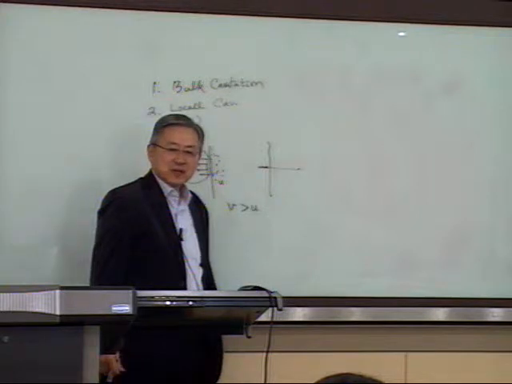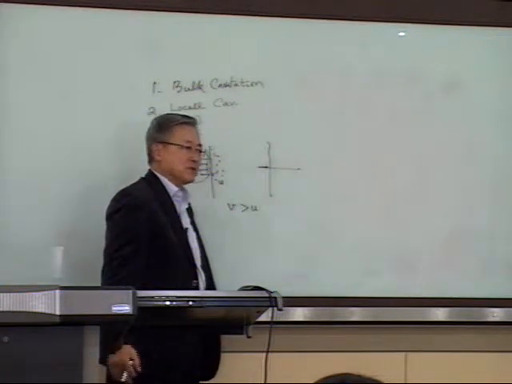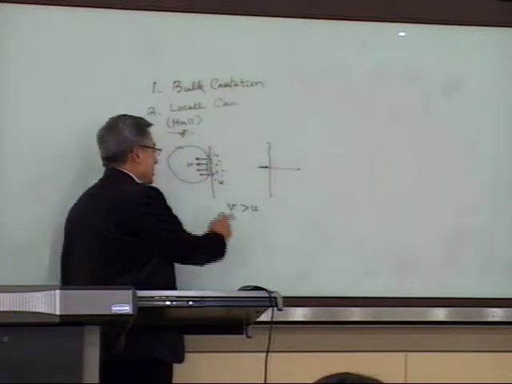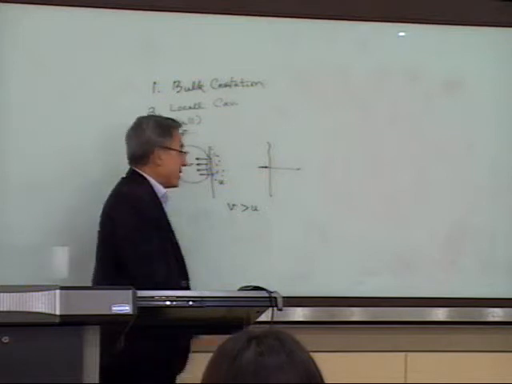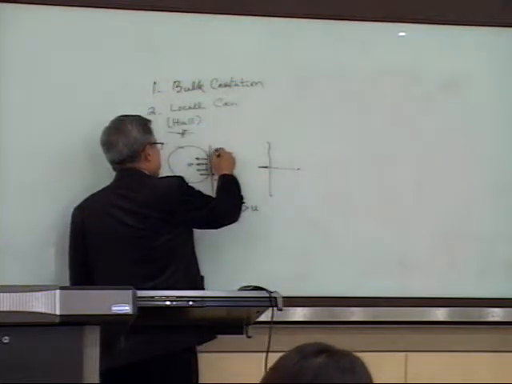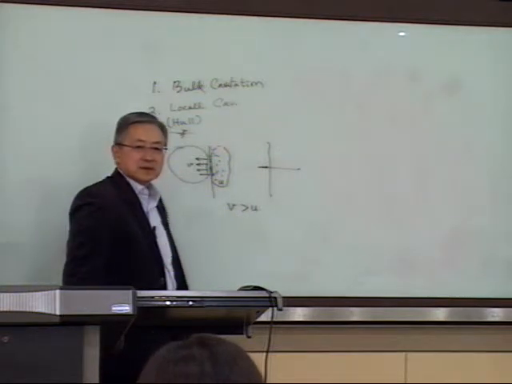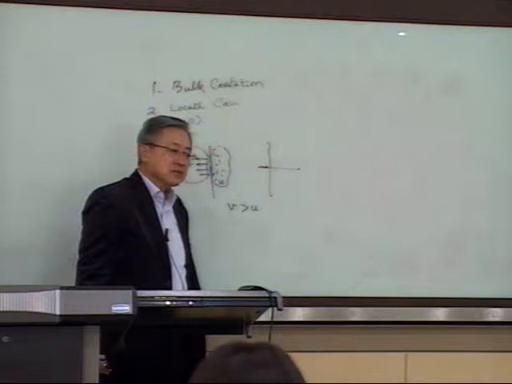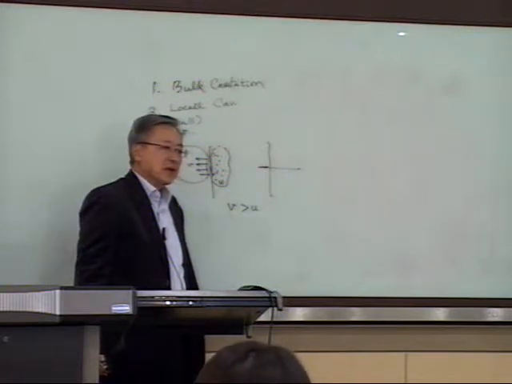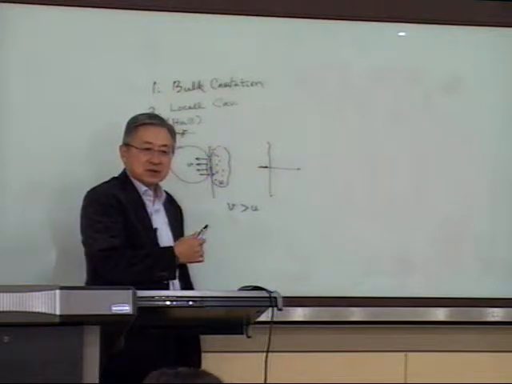What does it mean? The shell tries to pull the water particle. Then cavitation appears around here. When you suddenly try to pull the water, cavitation occurs in front of the hull.